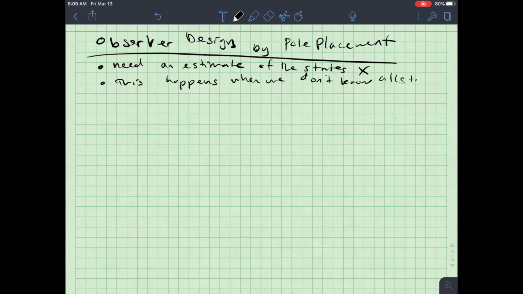So let's suppose I'm given a standard state space system, linear time invariant causal dynamic system. X dot is AX plus BU, and Y is equal to CX is my output equation. Then let's define a new variable, which I'll call X hat, and that's going to be my estimated state.